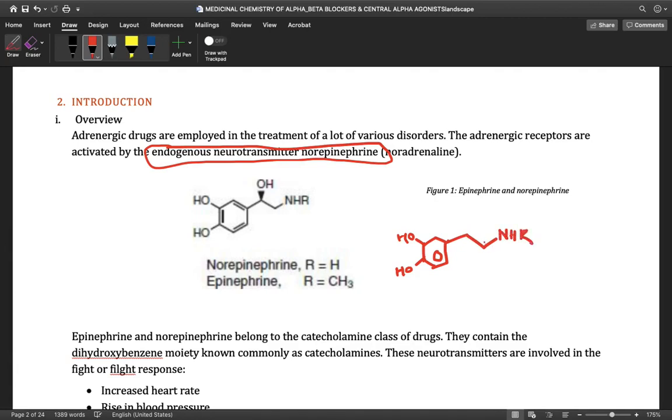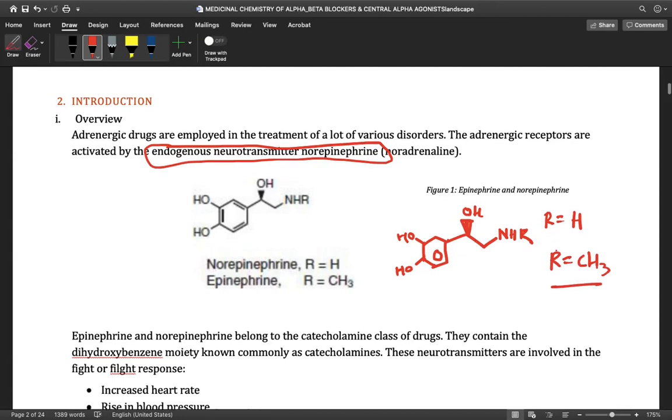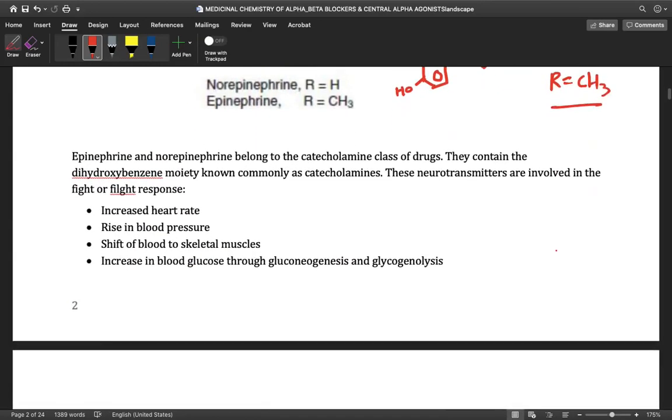Now epinephrine and norepinephrine have an additional hydroxyl group at this position. When R is equal to hydrogen, it's norepinephrine. When R is equal to CH3, it is epinephrine.